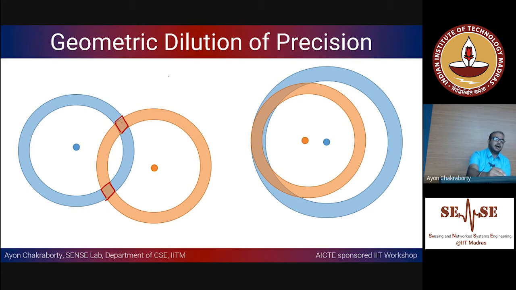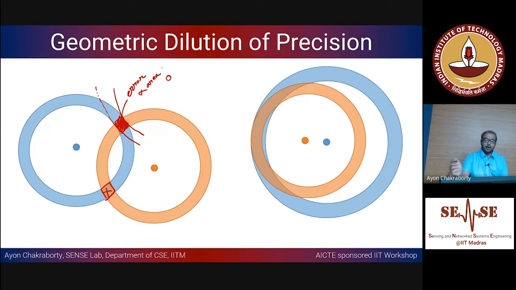You have a third anchor to do the tiebreaker. If you had a third anchor, you can be pretty sure that it's really here and not here. That is why you require three anchors. Still, if you see that area, the area is quite large, and the error is going to be somewhat proportional to this area, or at least the overall uncertainty, the expected error.